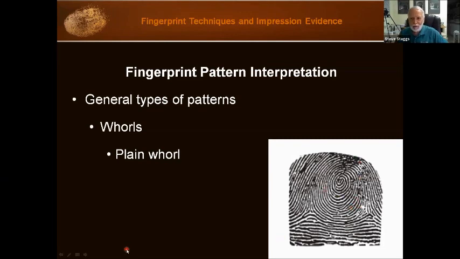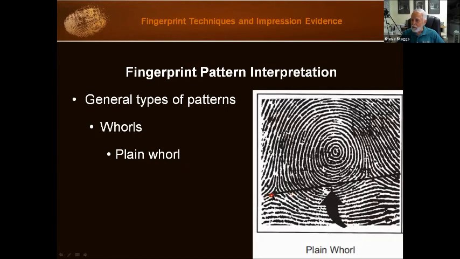It's a whorl. Now, a plain whorl contains two deltas and one or more ridges that make or tend to make a complete circuit when an imaginary line is drawn between the two deltas. At least one of these recurving ridges within the inner pattern area is cut or touched.